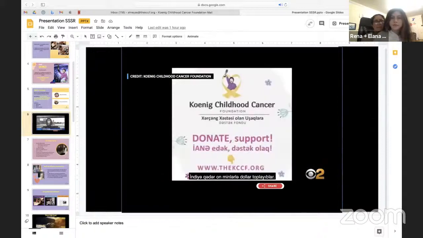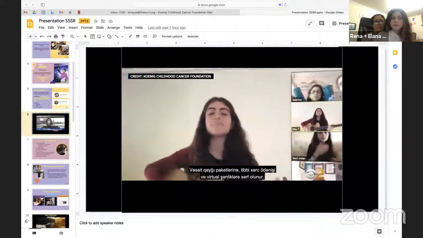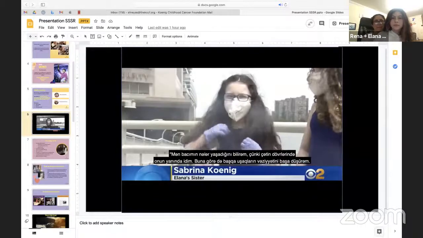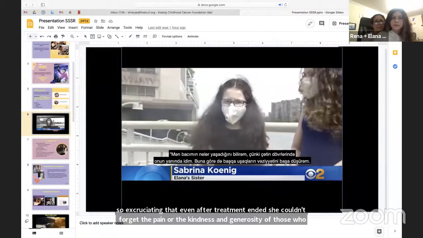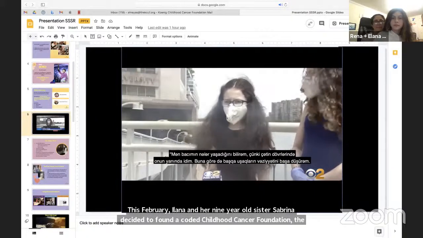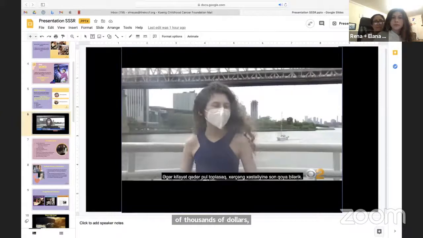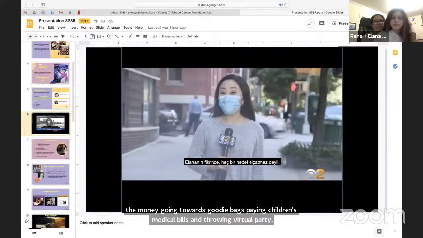They've raised tens of thousands of dollars, the money going towards goodie bags, paying children's medical bills, and throwing virtual parties. I know what she experienced because I was there when she was going through a lot, so I know how it feels to other kids. If we raise enough money, maybe even stop cancer. Ilana says no goal is too ambitious.